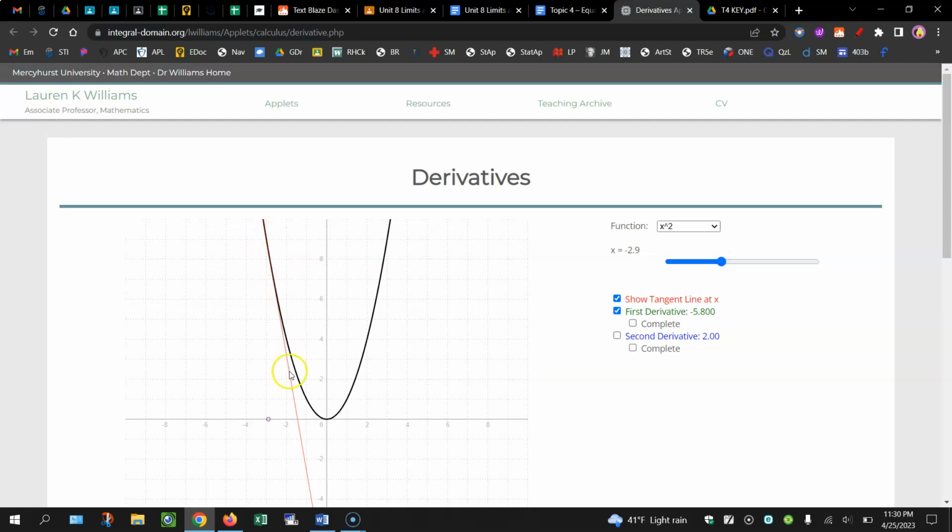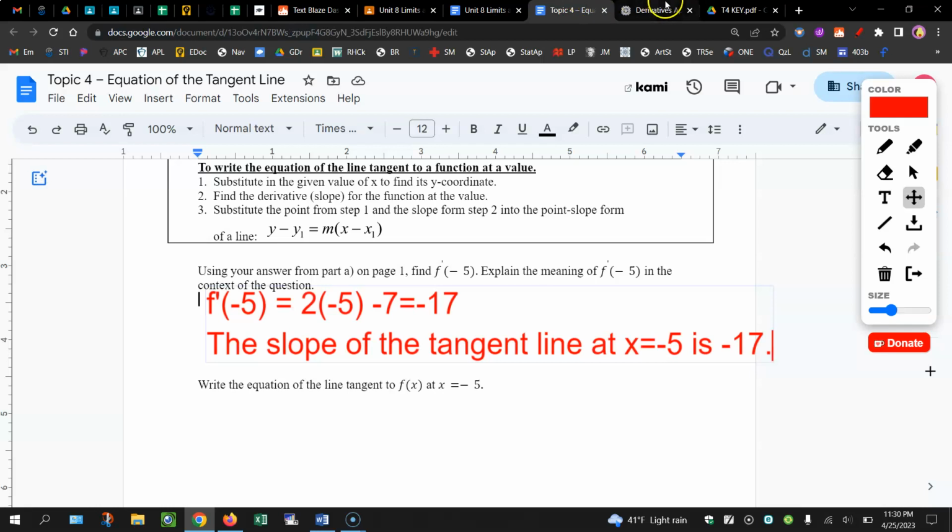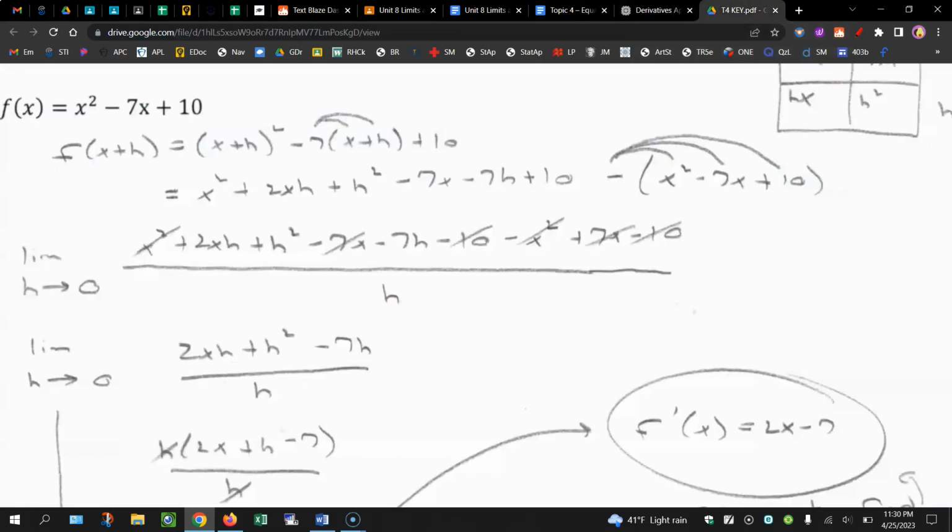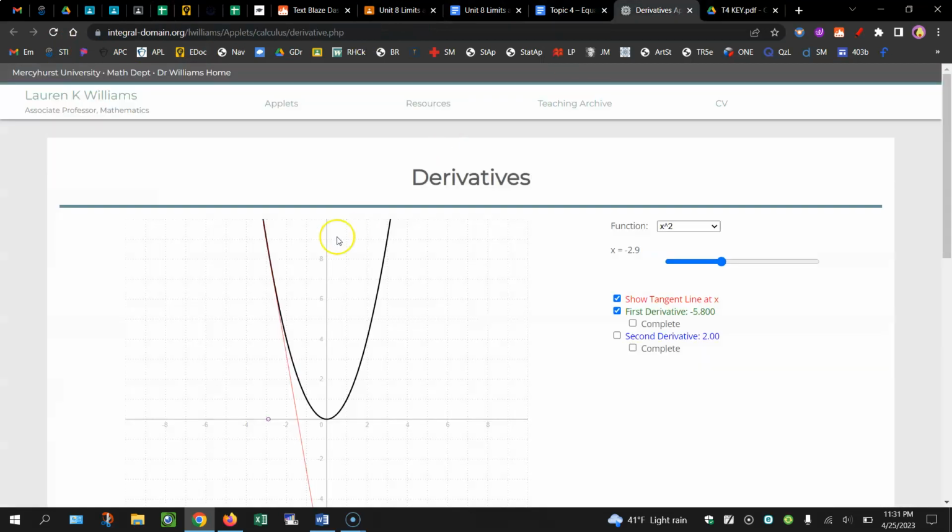You can see this tangent line has a slope of, in this case, negative 5.8. So essentially what we're doing to find this is if we took the equation x squared minus 7x plus 10, plugged it into this graph and looked at the tangent line slope at negative 5, it would be negative 17. Obviously, this isn't that equation, and I can't make it that.